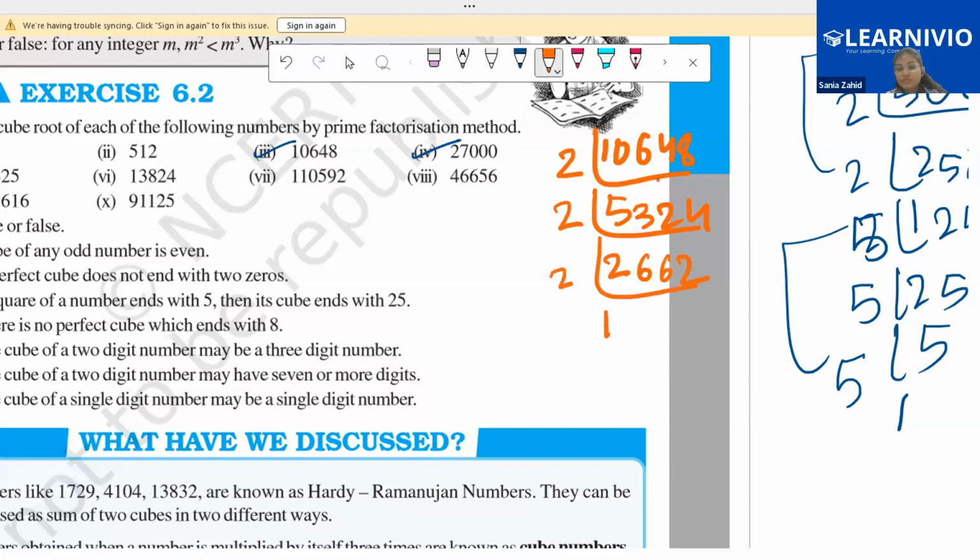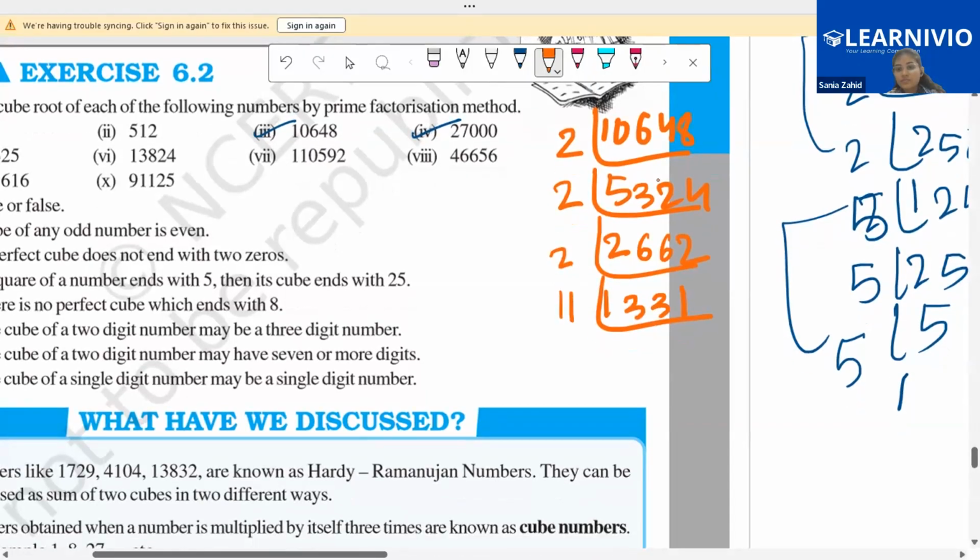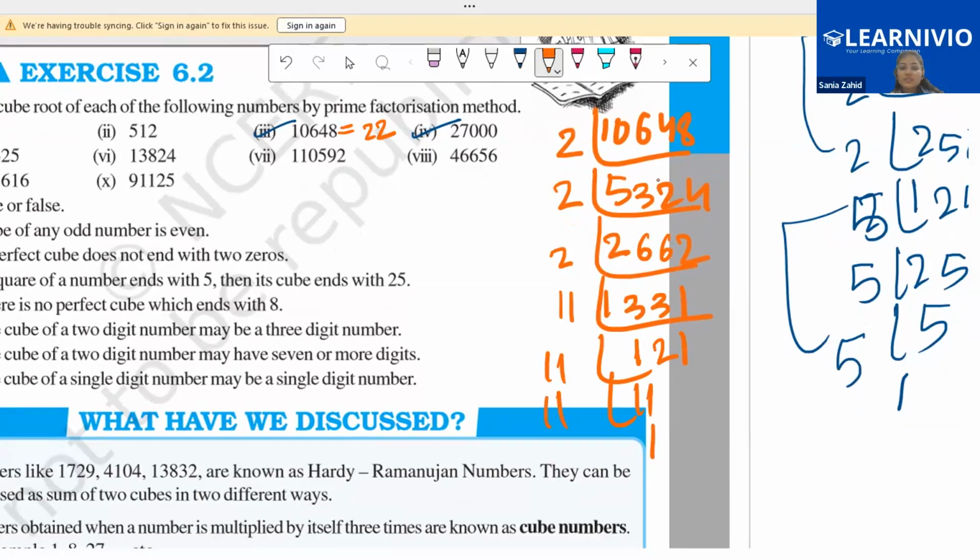Then again by 2, 1331, and then 11, 121, and then again 11. Your answer is, the cube root of 10648 is 22. Done.